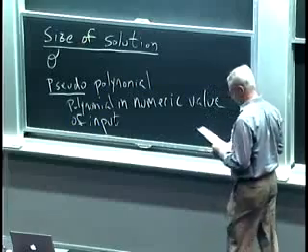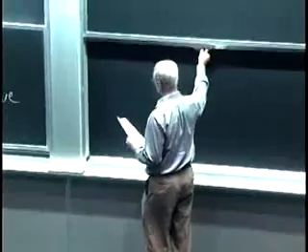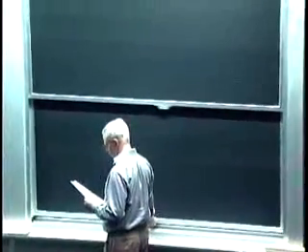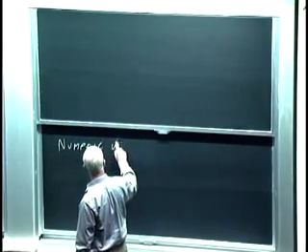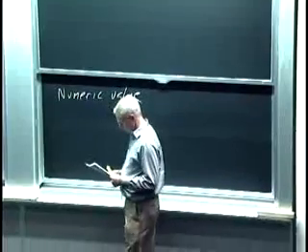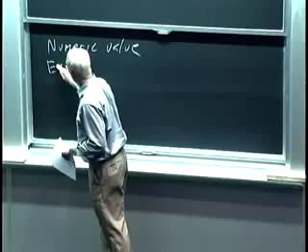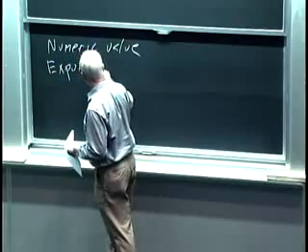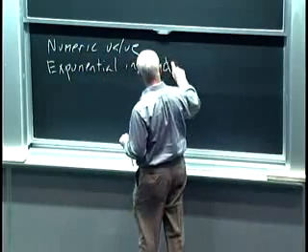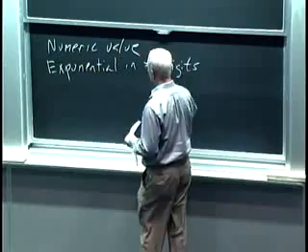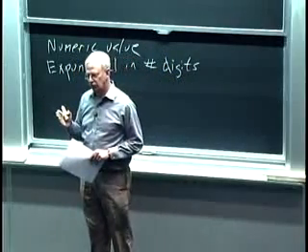Now, the key issue to think about here is that if we look at a numeric value, we know that that's exponential in the number of digits. So that's a key thing to think about, right?